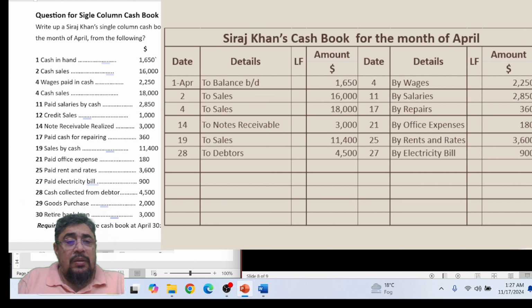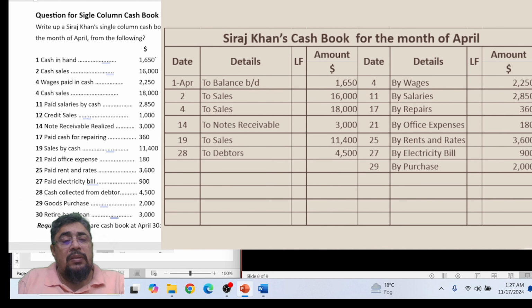So next, goods purchase 2000. This means we are purchasing the goods and we pay the cash. Payment is always recorded on the credit side. So on the credit side, that is 29th April, by purchases, it is 2000.